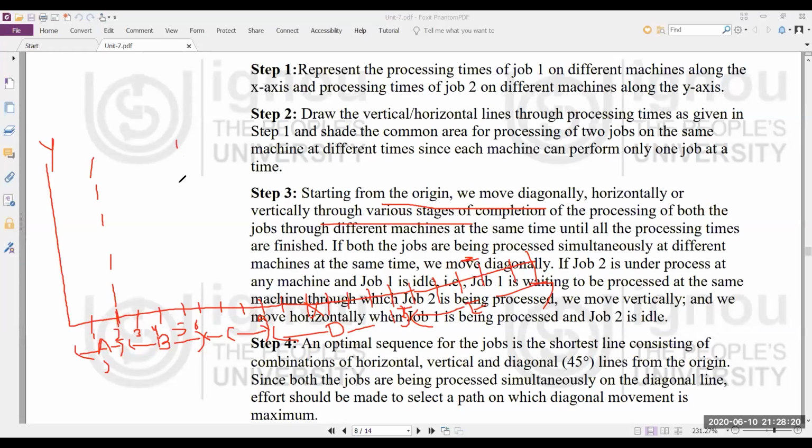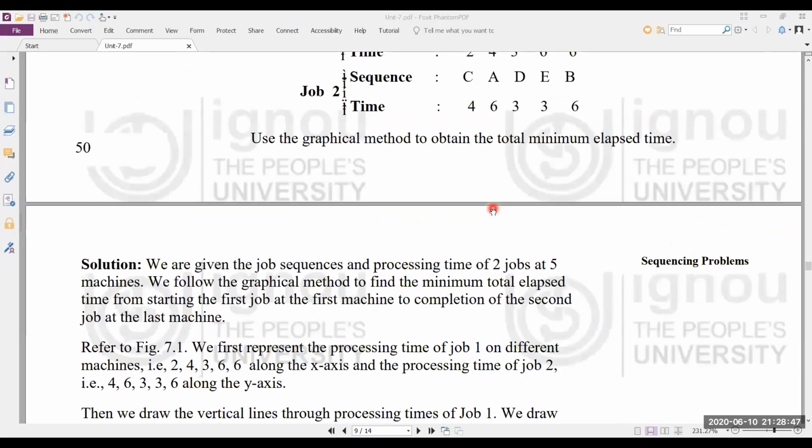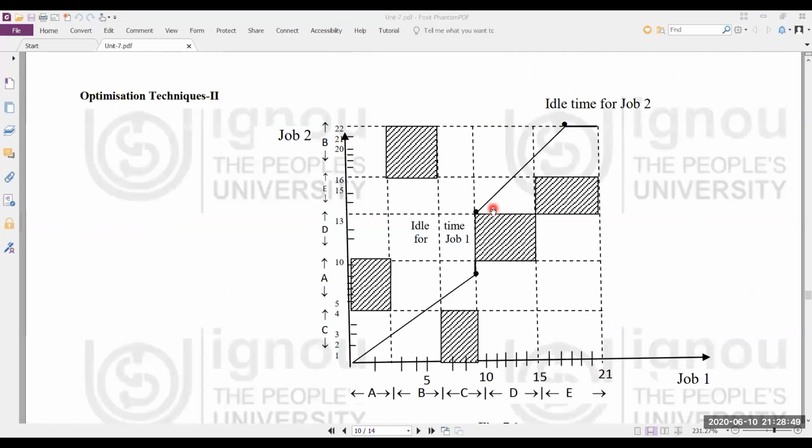So we draw vertical lines up to 6, and similarly 9, similarly 15, similarly that one. And in a similar way, we have to draw the vertical lines for the second job. Suppose this one and this one. So we will go for the solution of this example, and it will be like this type.